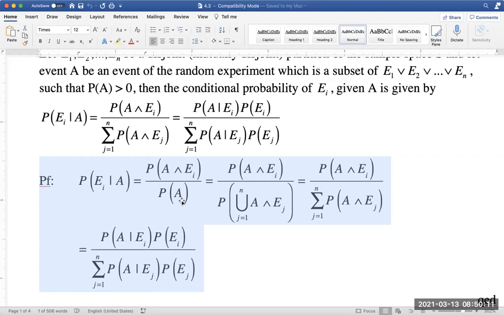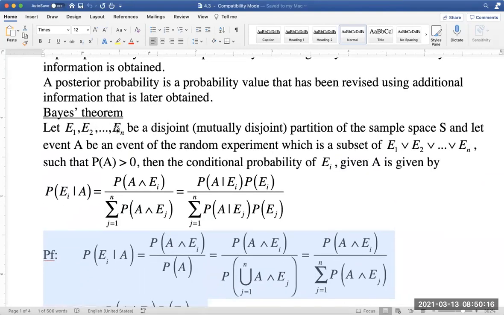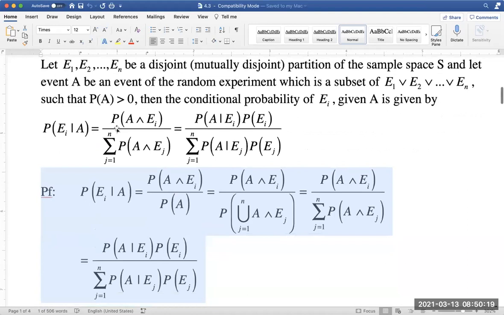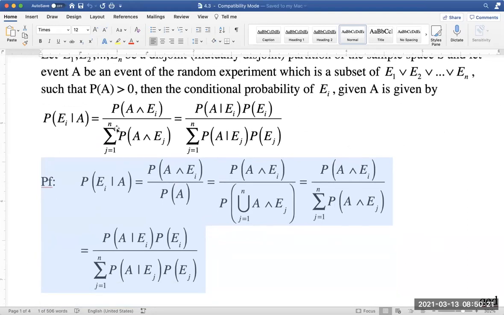Since E sub 1 through E sub n was a mutually disjoint partition of the sample space, the probability of A is the probability of the union j equaling 1 to n of A intersect E sub j.